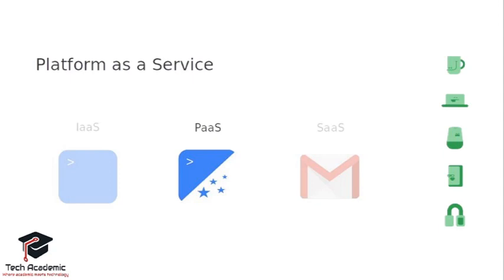An example of PaaS is Heroku. Basically, Heroku lets you host your website and different web applications on a server. So with a platform, you can access different types of CPUs, memory, and RAM.